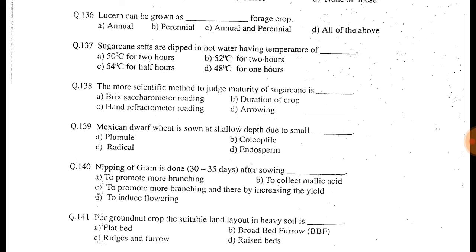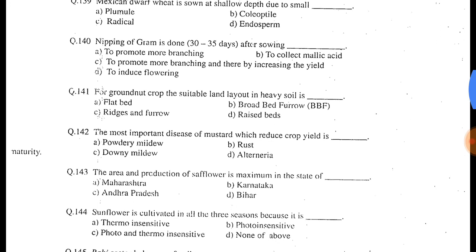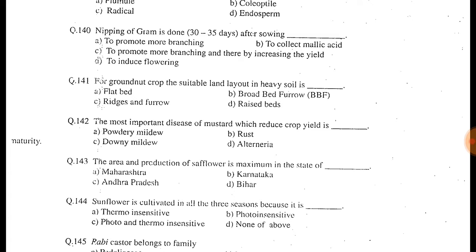Mexican dwarf wheat is sown at shallow depth due to small coleoptile. Question number 140. The nipping of gram is done 30-35 days after sowing to promote more branching and thereby increase the yield.